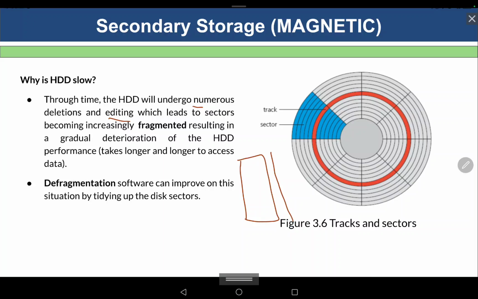Okay, so let's just imagine that this is our HDD and these are different sectors. And then we have data stored here, A, then we have B, C, and then we have, let's say, D, E, F. Now, when you're using your computer, you save new files, you delete files.